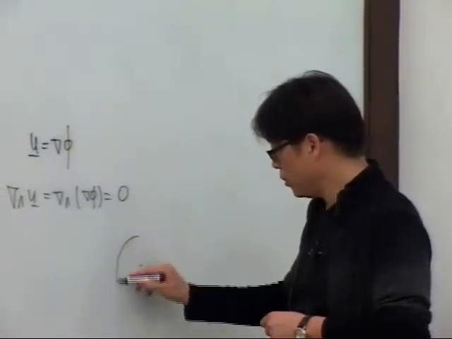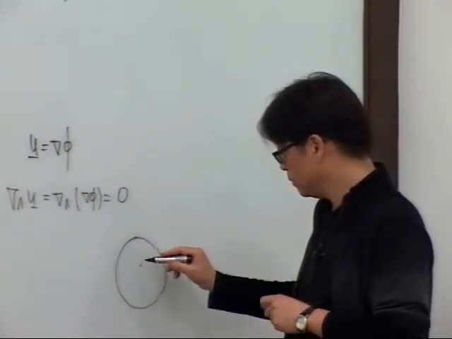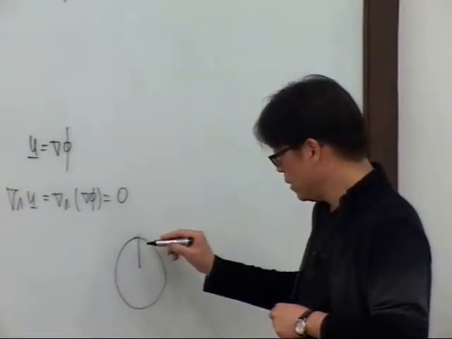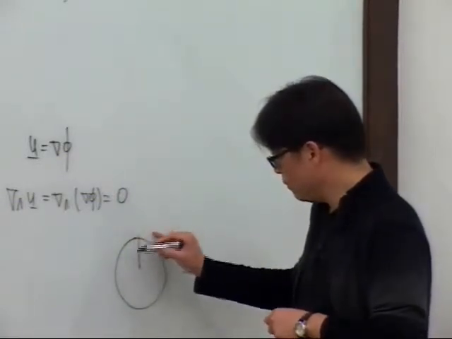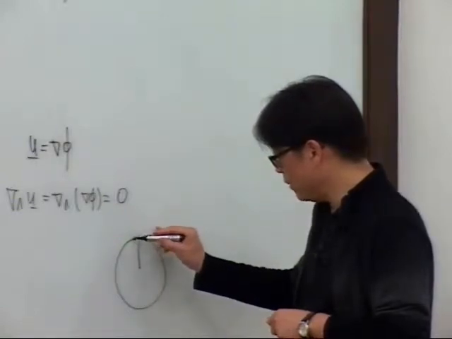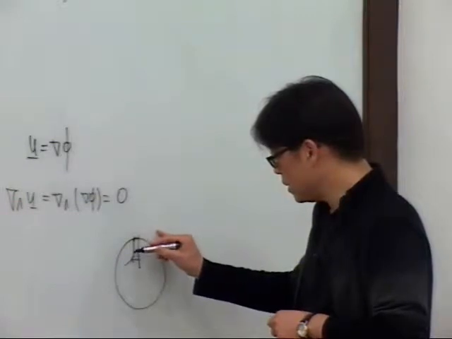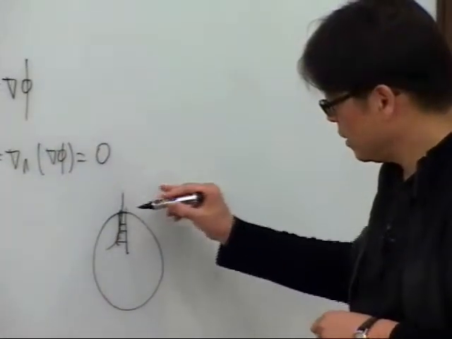So if you draw a circle, the velocity field decays like, how do I draw this? So it's infinity, and then you have a finite value, and then it keeps decreasing.